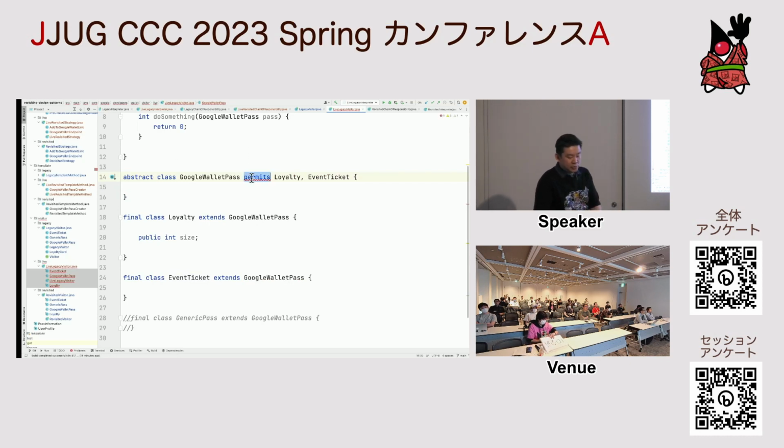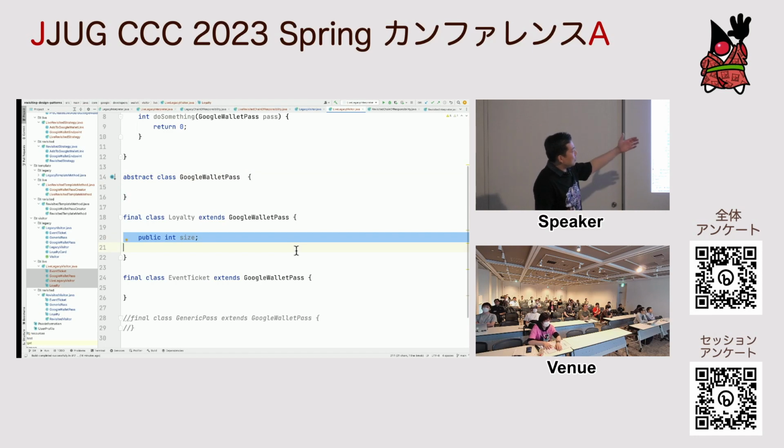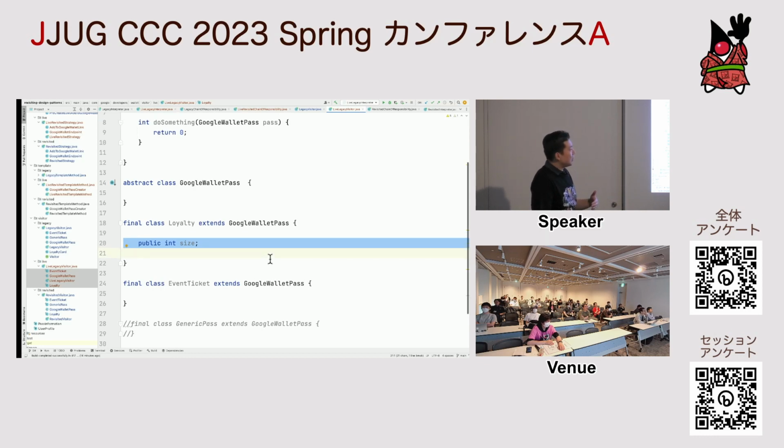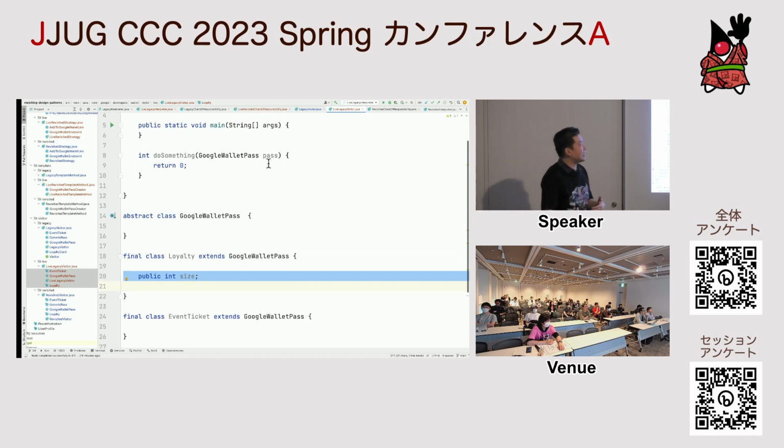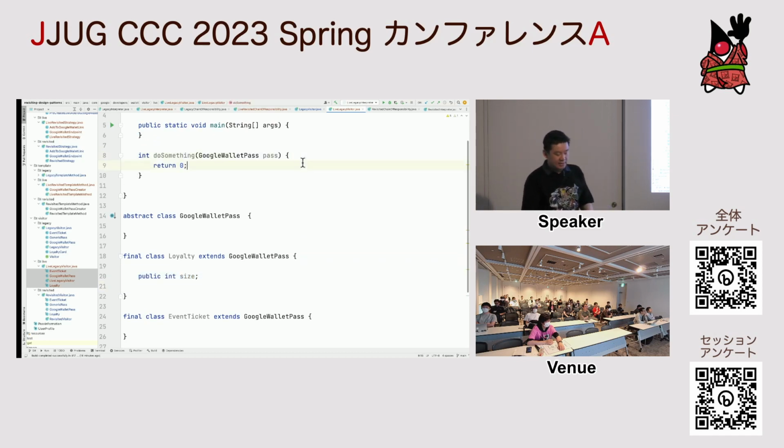In the past, we used to create just an abstract class. And with Java 20, and soon Java 21, what we can do, we can create now what we call sealed classes.